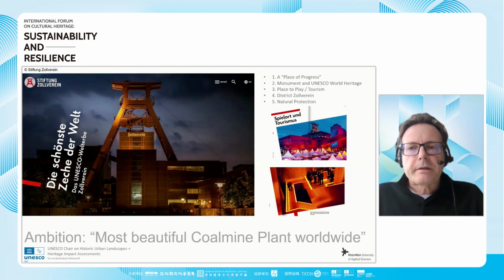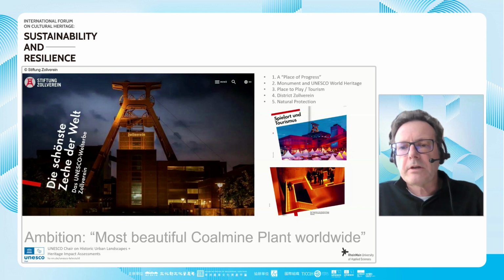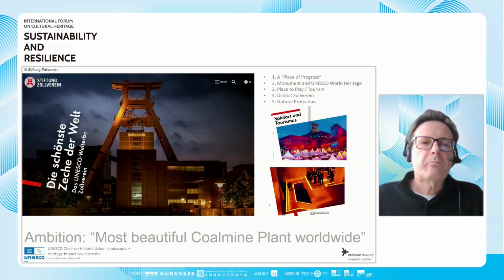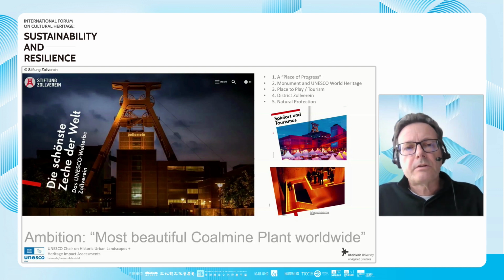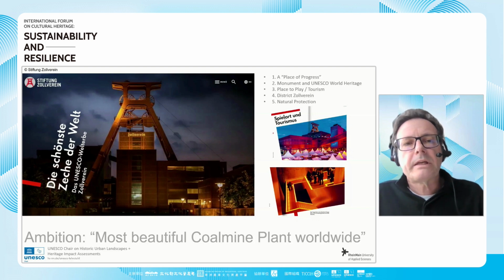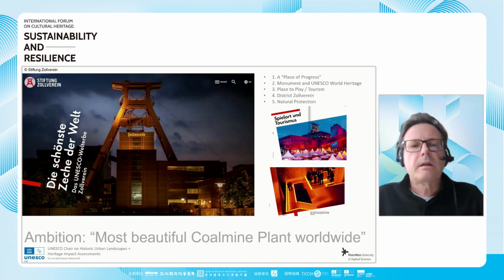There is a large ambition to develop Zollverein coal mine plant into a lighthouse in North Rhine-Westphalia. It was always the intention to show that the tradition of mining and steel cooking in the Ruhrgebiet could also be carried on in such a way that a particular site, such as Zollverein coal mine plant, could be redeveloped into a cultural site.